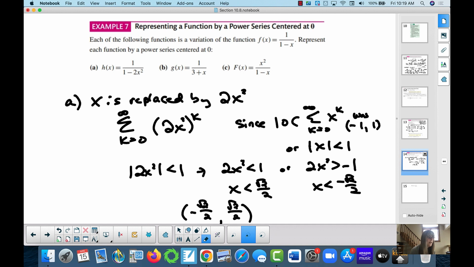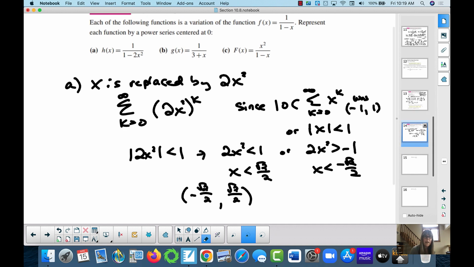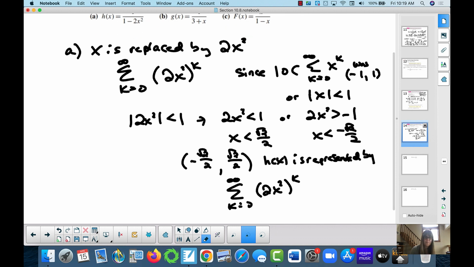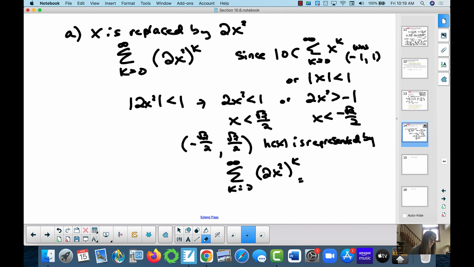So we can say that in that interval, h of x is represented by that series. We can simplify that series to be 2 to the k, and then x squared to the k.